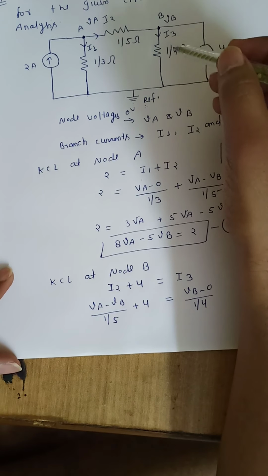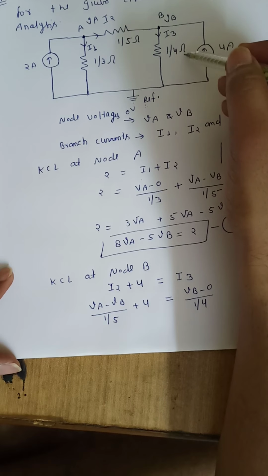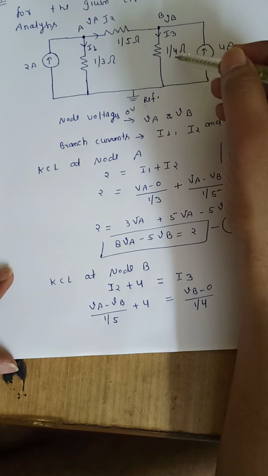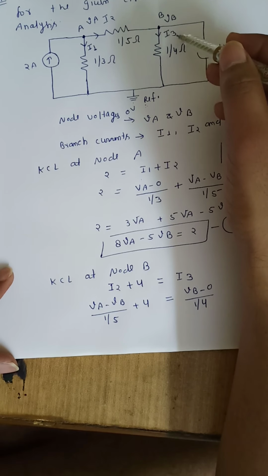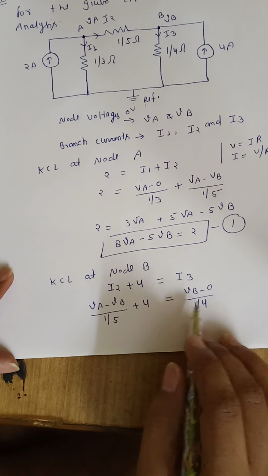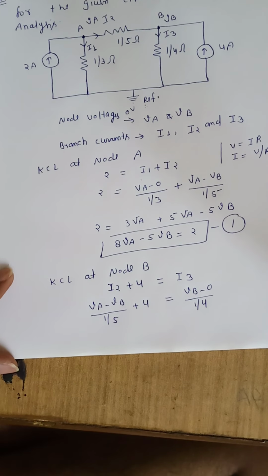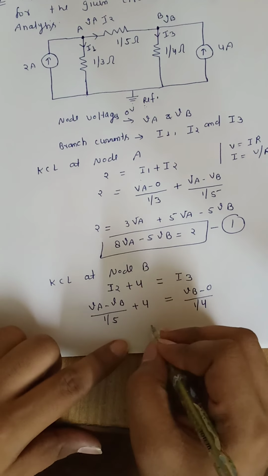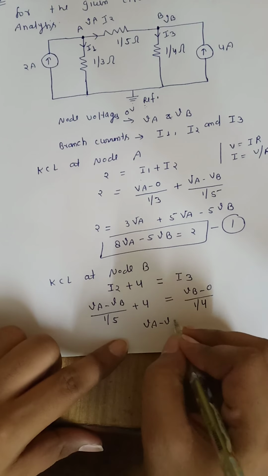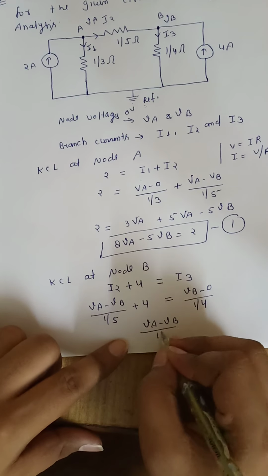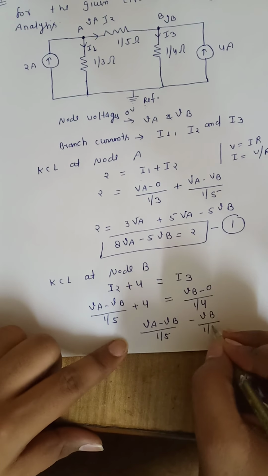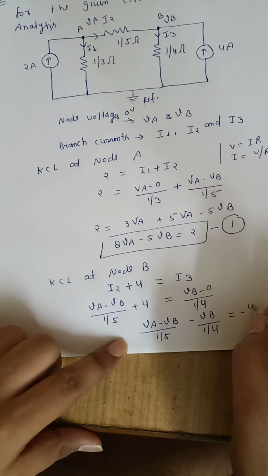So we can write VA minus VB divided by 1/5 minus VB divided by 1/4 equal to minus 4.